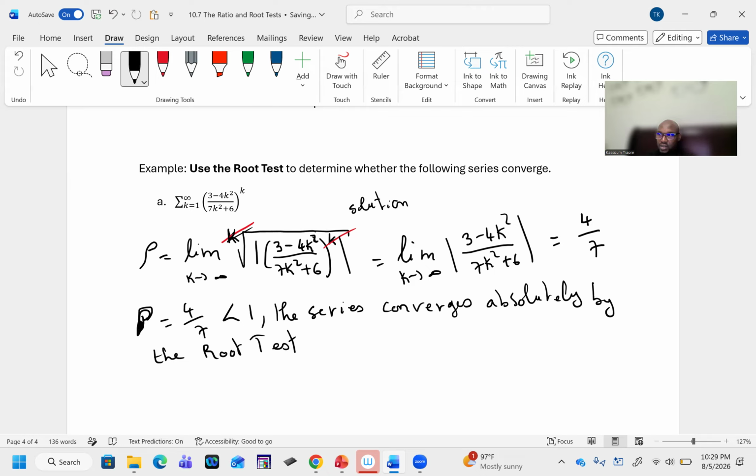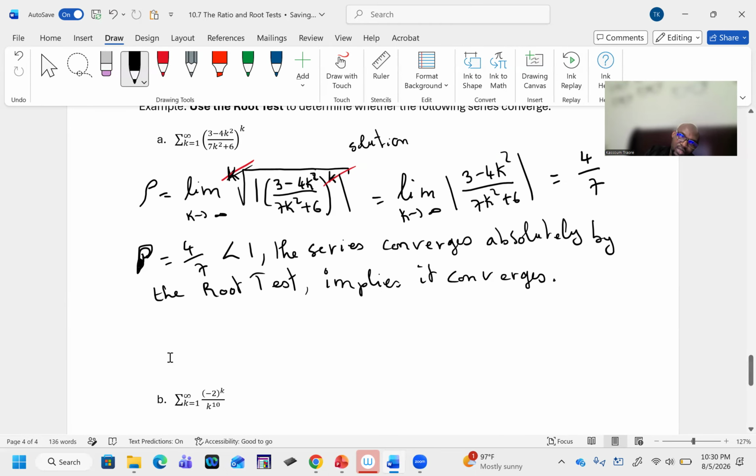And therefore, it converges, which implies the series converges.